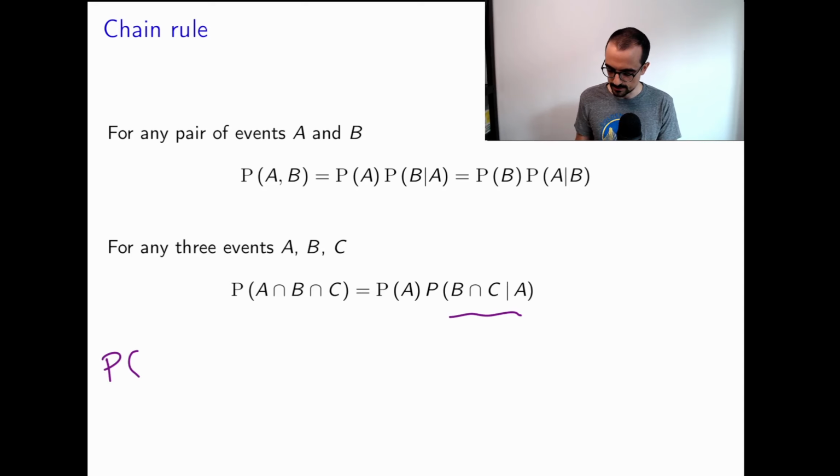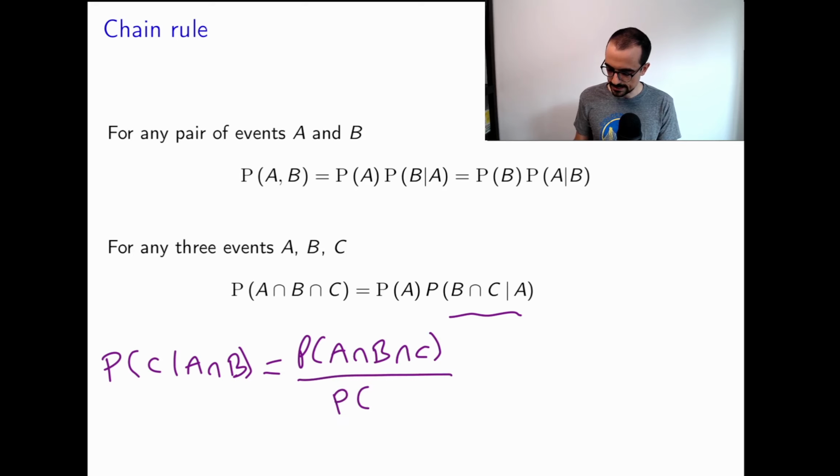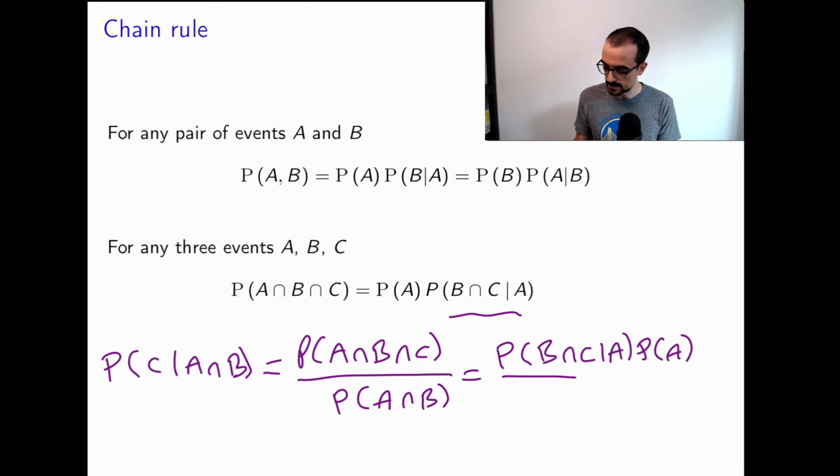Let's consider the probability of C given A and B. That's the probability of A intersection B intersection C divided by the probability of A intersection B. But now we can apply the chain rule up and down, and we get that this is equal to the probability of B intersection C conditioned on A times the probability of A, divided by the probability of B intersection A times the probability of A.